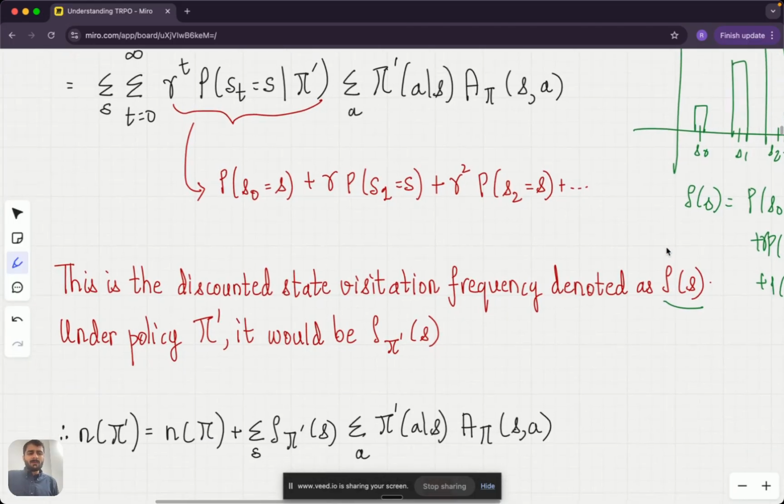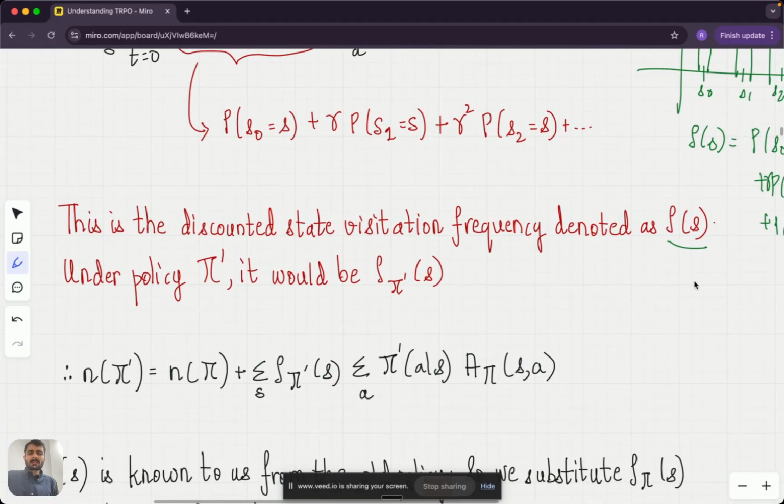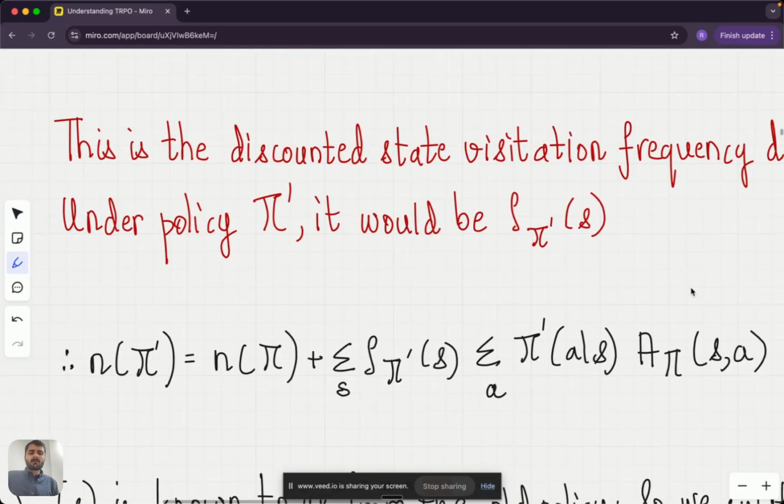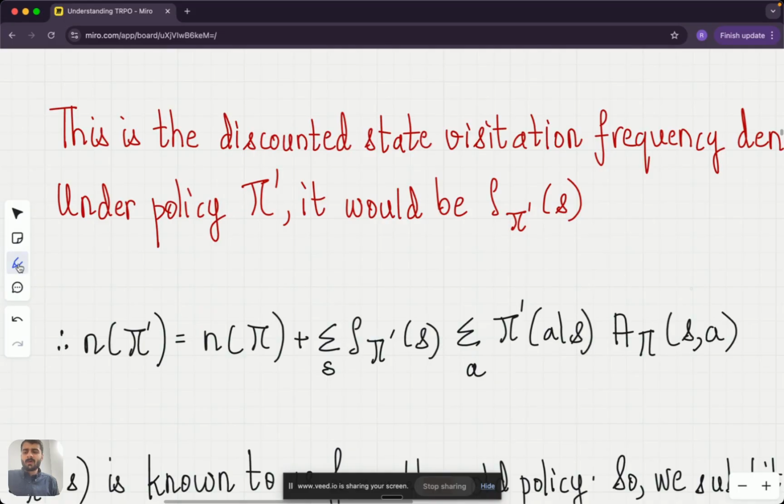So now, with this modification, you can update the performance measure of the new policy in terms of the performance measure of the old policy using this expression, where the performance measure of the new policy is equal to the performance measure of the old policy plus the state visitation frequency. What is the distribution of all these states? Which states are visited more, which states are visited less?